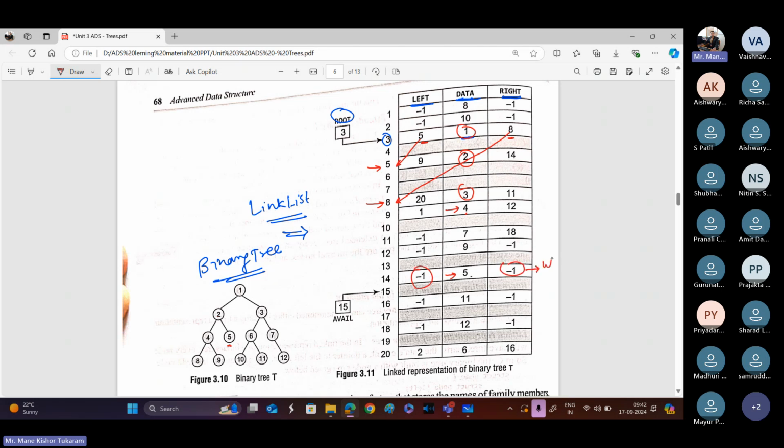So whenever there are no children, -1 represents no pointing for a leaf node.